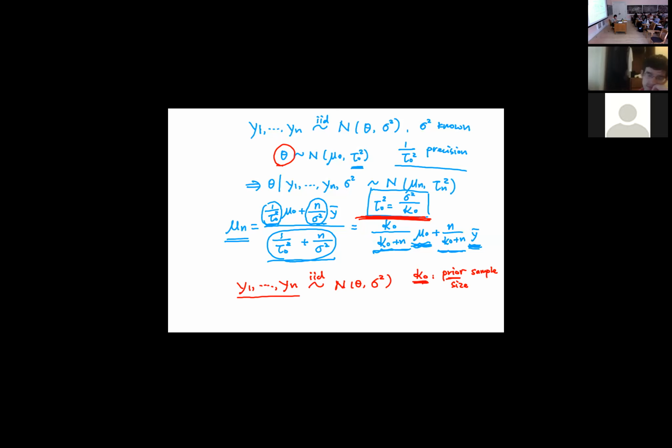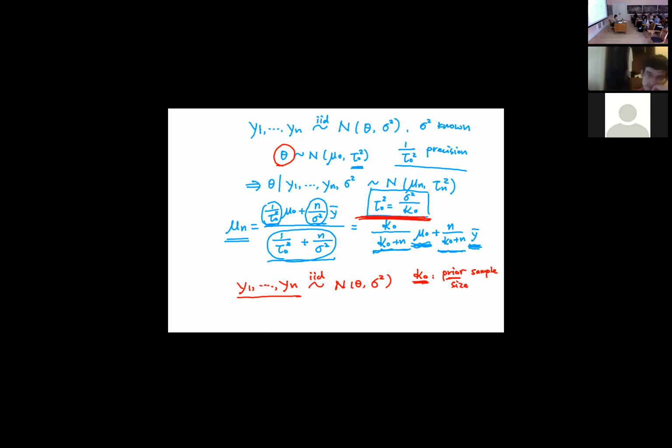Because now we're assuming that the prior observations are from a population that is similar to what we have seen so far, Y1 to YN. But don't forget, the prior is on the mean of it.